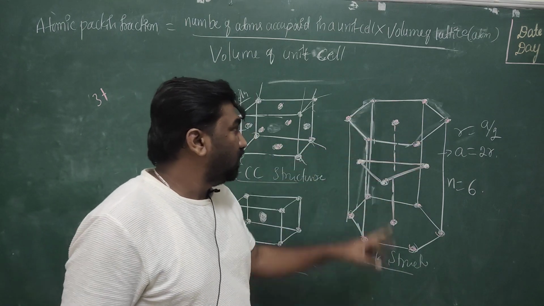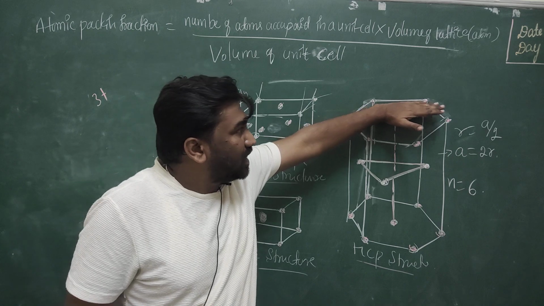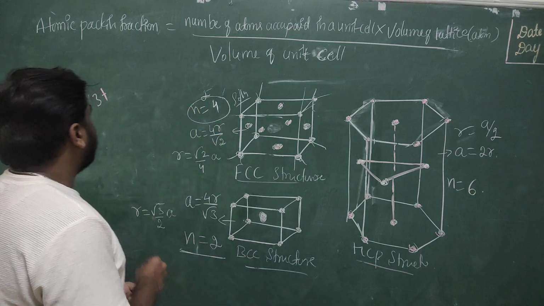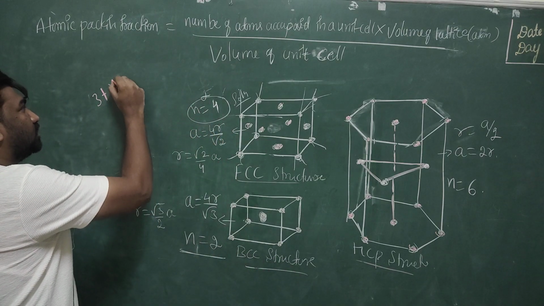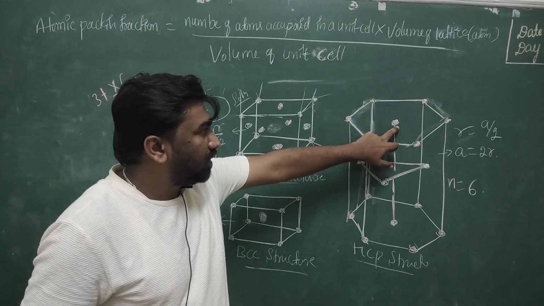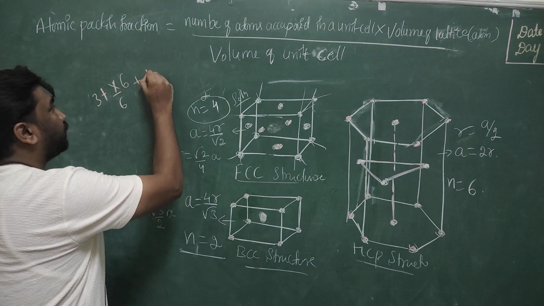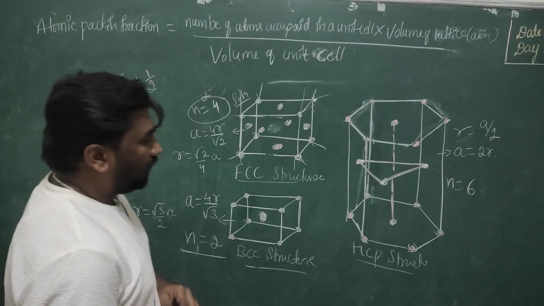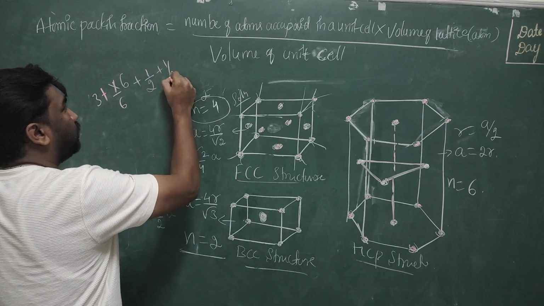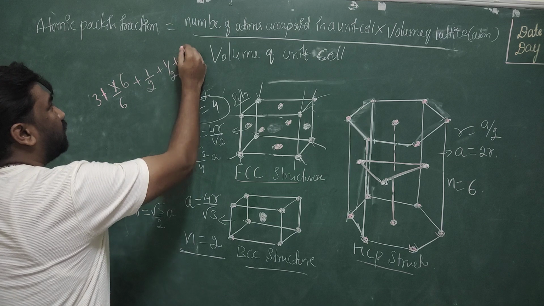Then the upper surface 6 lattice points are shared with 6 other unit cells, which is 1 by 6 into 6, plus the upper center shared with another upper surface, so that is 1 by 2, and the lower surface center is also shared with another lower surface, so that is 1 by 2, plus these 6 atoms shared with another 6 atoms, so that is plus 6 by 6.